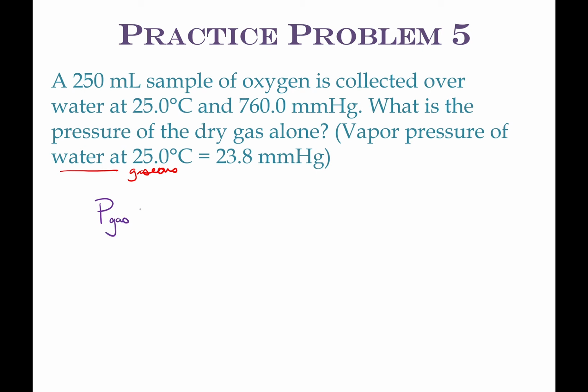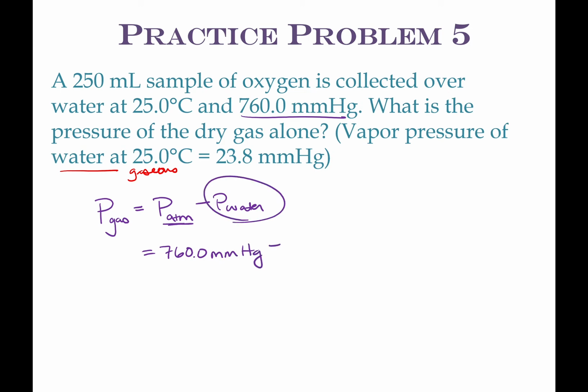One said P gas is equal to pressure of the atmosphere minus pressure of the water. For this one, we need the atmospheric pressure. In this case, it's given: 760.0 millimeters of mercury. And then the pressure of the water. In order to get the pressure of the water for lab, there's a table in your lab that tells you. Depending on what the temperature is, you'll get the pressure.